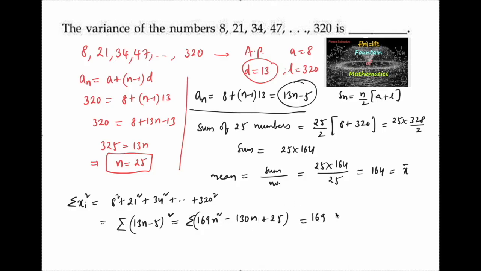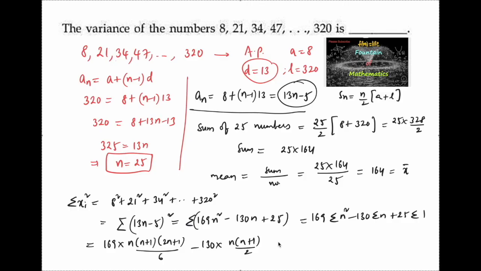Which is equal to 169 times summation n square minus 130 times summation n plus 25 times summation 1. That is 169 into summation n square, which is n into n plus 1 into 2n plus 1 divided by 6, minus 130 times summation n, which is n into n plus 1 by 2, plus 25 times summation 1. Summation 1 is nothing but n, so let me write n here.